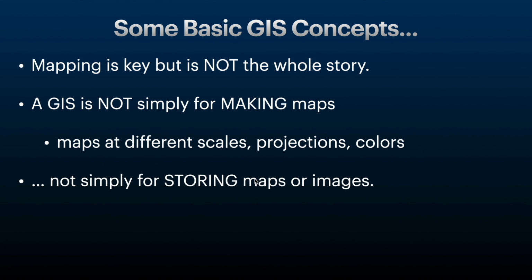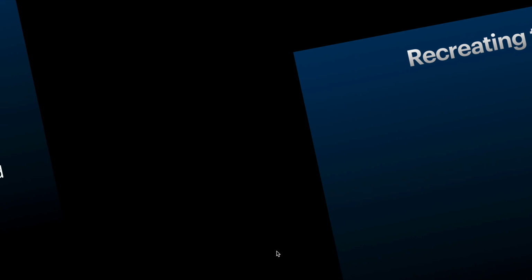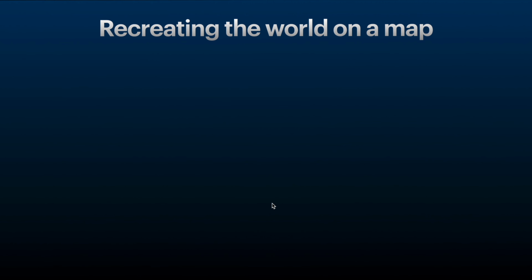So maps at different scales, projections, and colors are not simply for storing maps or images. In fact, they store the data, as I said. So data is very important, and it will help you to answer some important questions after you analyze.